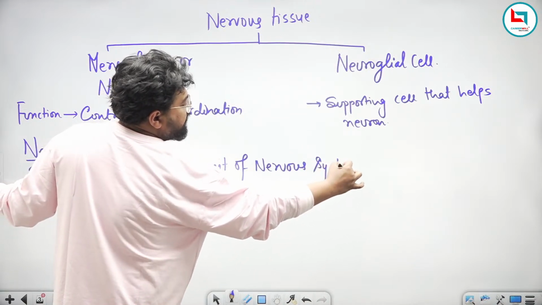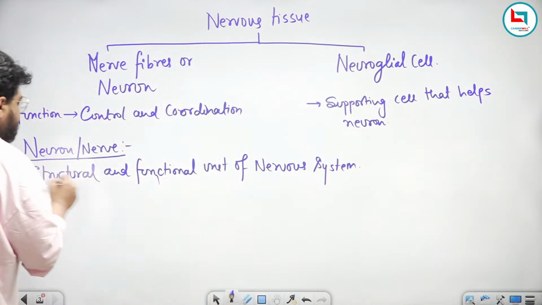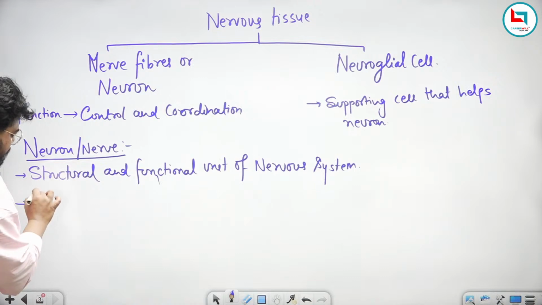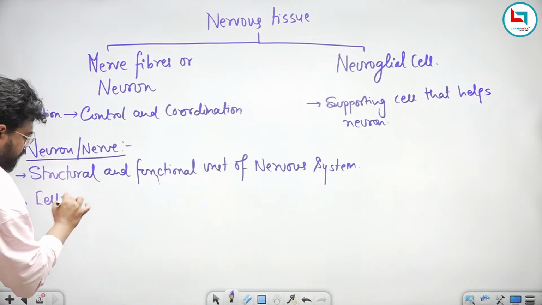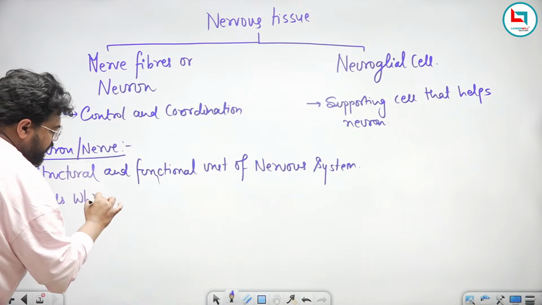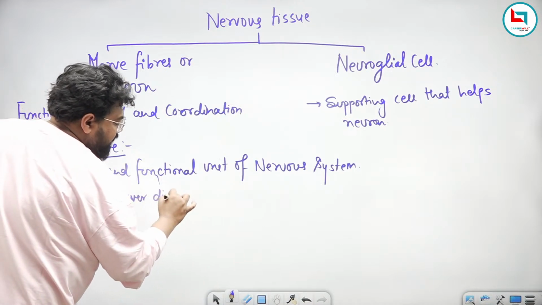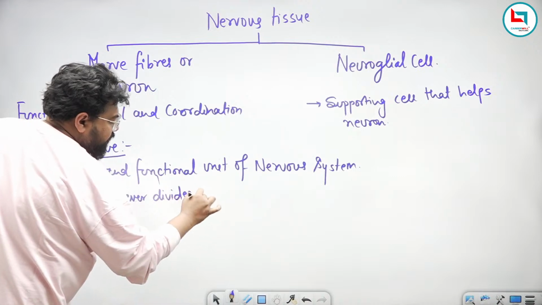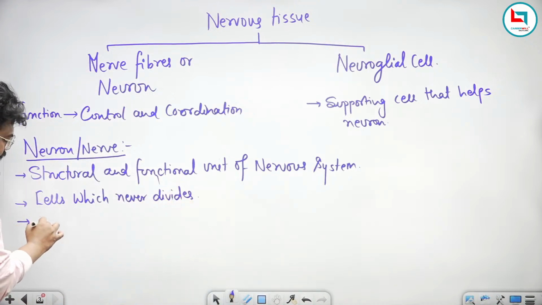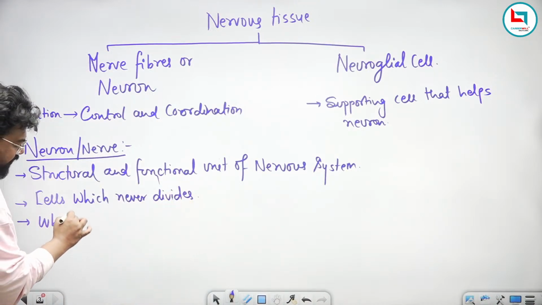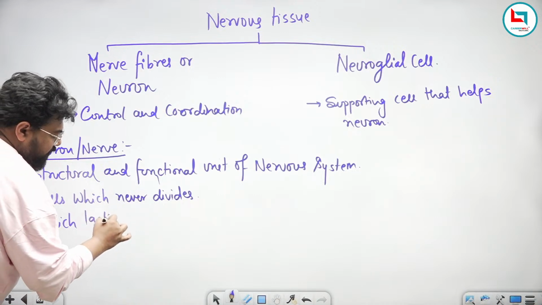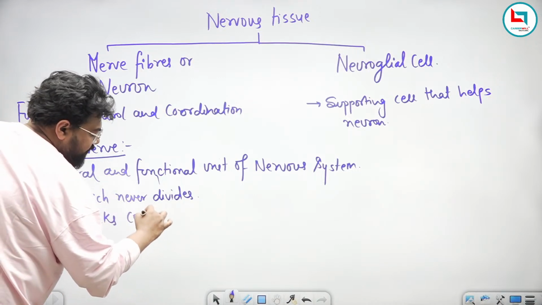Second thing, these are the cells which never divide, because these are the cells which lack centrosome or centriole.